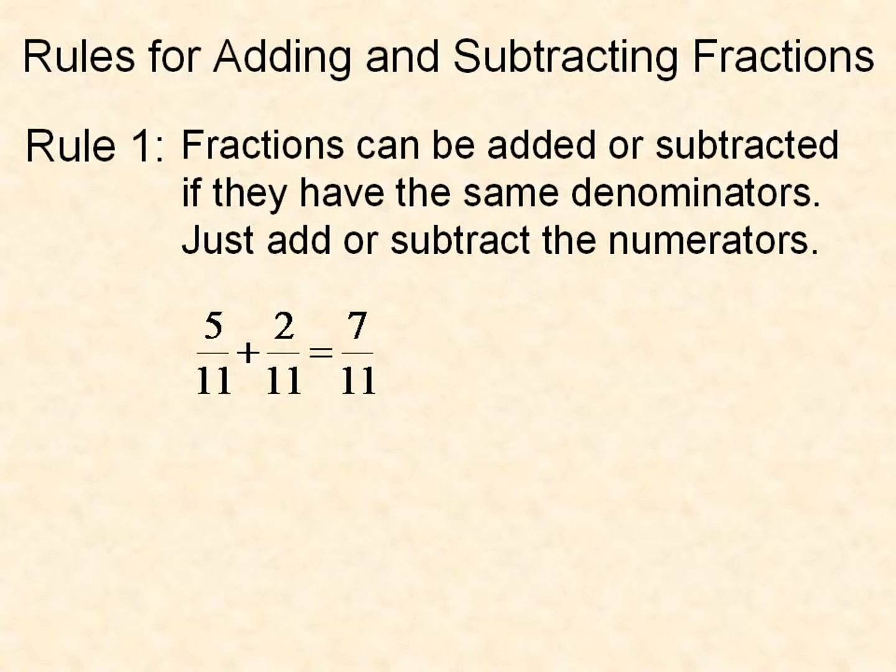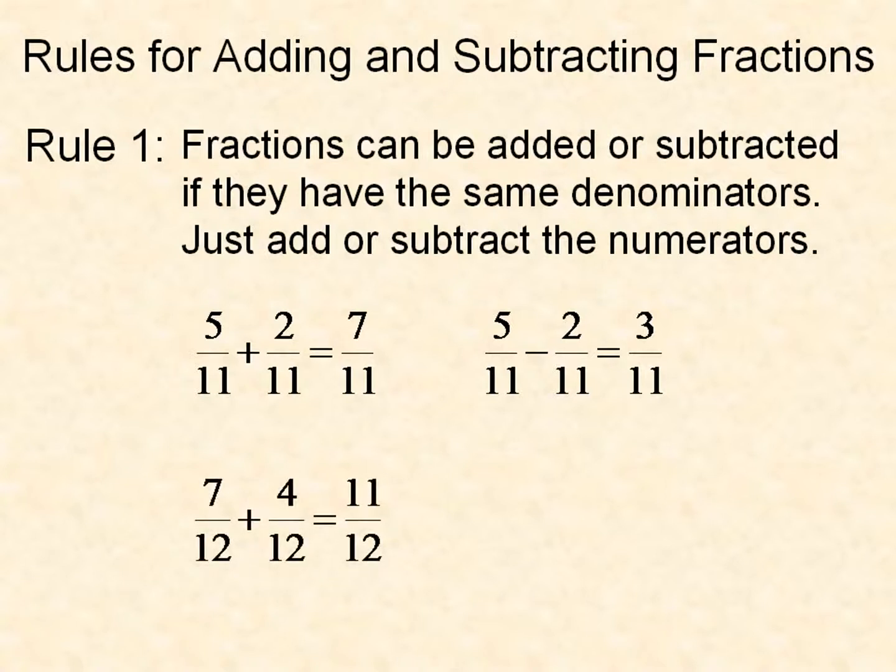You just add the 5 and 2. 5/11 minus 2/11 is 3/11. 7/12 plus 4/12 is 11/12. And 5/6 minus 2/6 is 3/6.